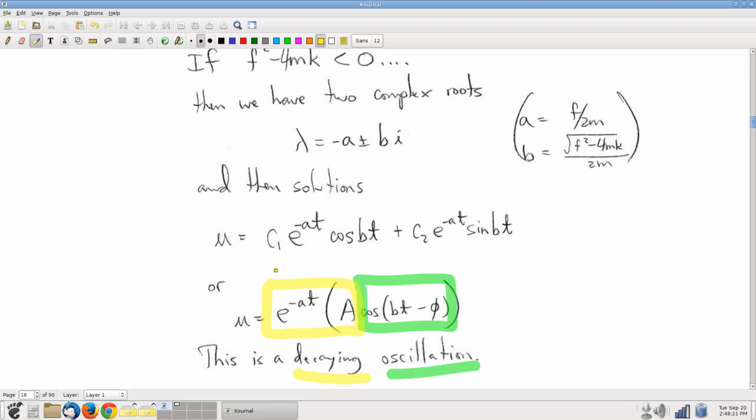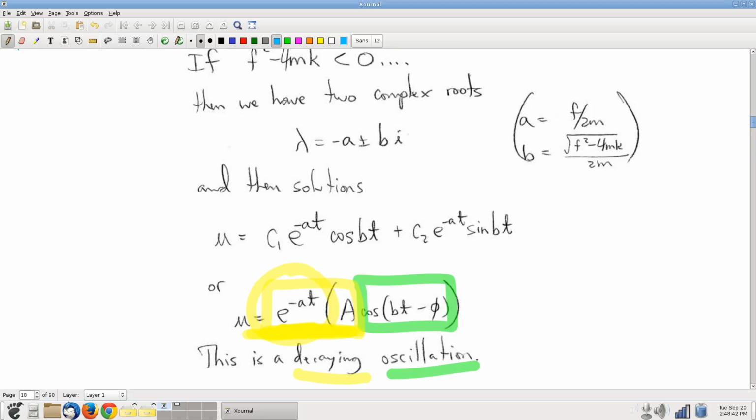Because what you might casually refer to as the amplitude here, it's not just some number A, it's that times this decaying exponential, which means that sure, this green term is oscillating, but the amplitude of that oscillation, because of this decaying exponential, is slowly decaying.